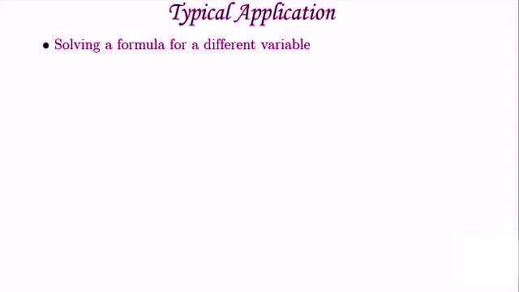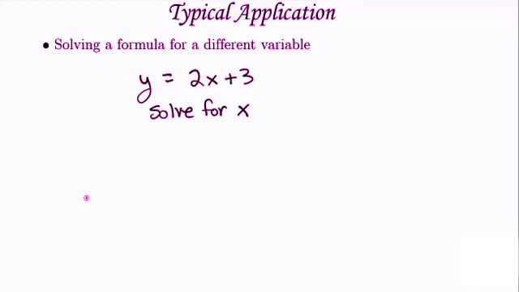A typical application of this would be being asked to solve a formula for a different variable. If you look at an equation such as y equals 2x plus 3, it's already solved for y, but you might be given a problem where you're given this equation and you're asked to solve for x.